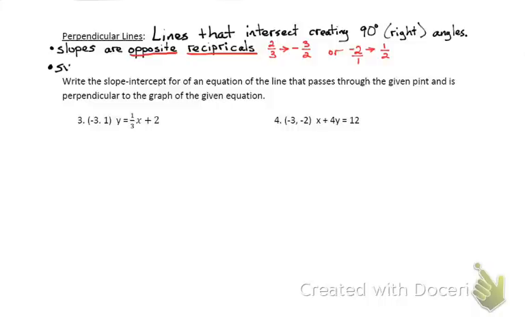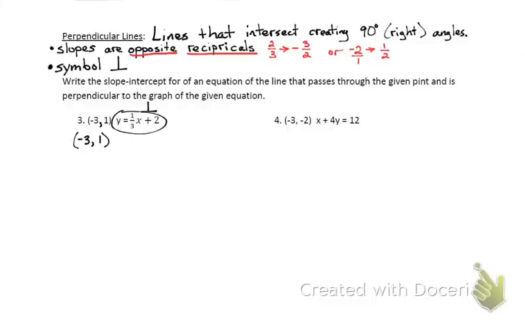And then the symbol for perpendicular is kind of like an upside down capital T. Again, just simply showing two lines intersecting to form 90-degree angles. All right, let's move on to some examples here. We're going to do these problems exactly like we did the other problems. So in this case, our line goes through the ordered pair -3, 1 and is perpendicular to this equation.